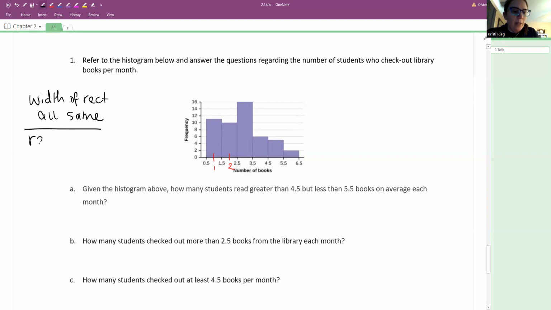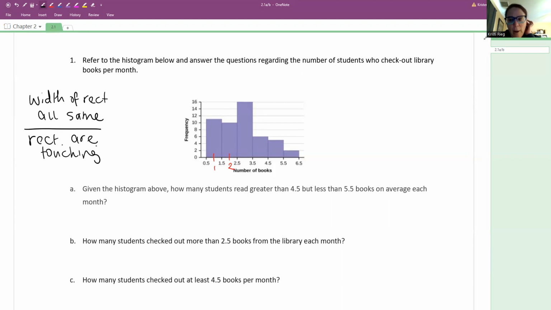Another thing about histograms, oh my gosh, this is supposed to say rectangles. That's supposed to be a C. There we go. Rectangles are touching. Again, it said that up on the previous page, but I just want to make sure that we have that. So those are two very important things about histograms, which are pictures of frequency tables.